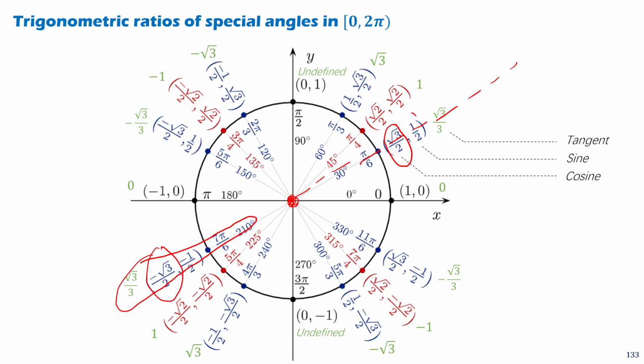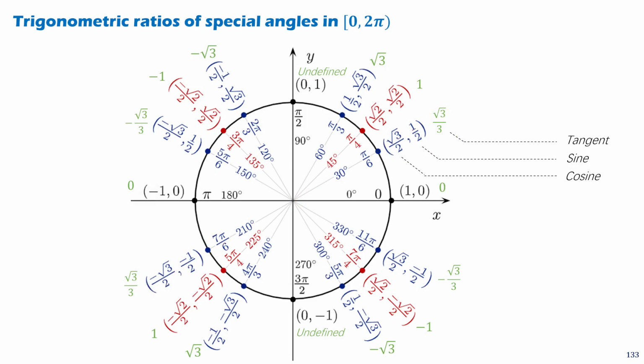But their tangents are equal to each other: square root 3 over 3 and square root 3 over 3. Because tangent is just the ratio between sine and cosine. If they are symmetrical about the origin point, they will have the same ratio y over x. You get it?